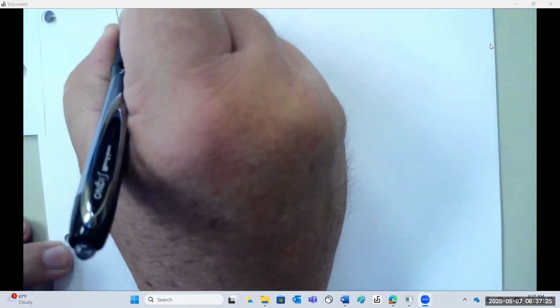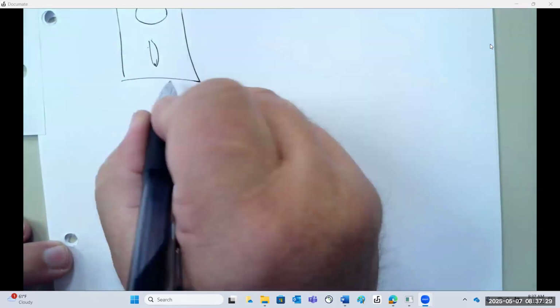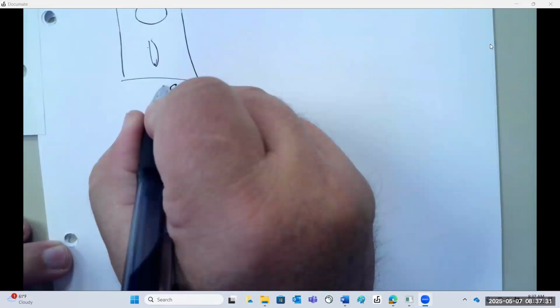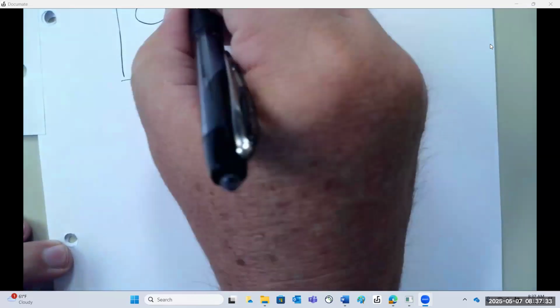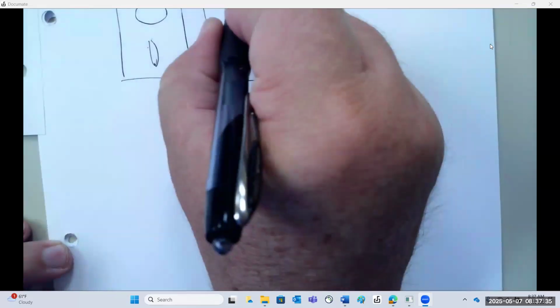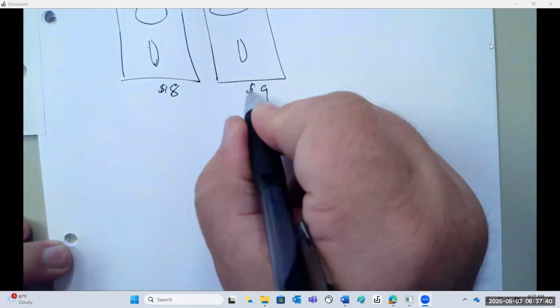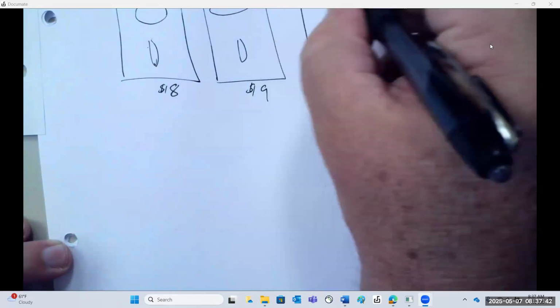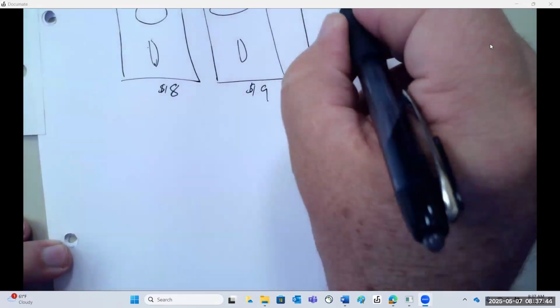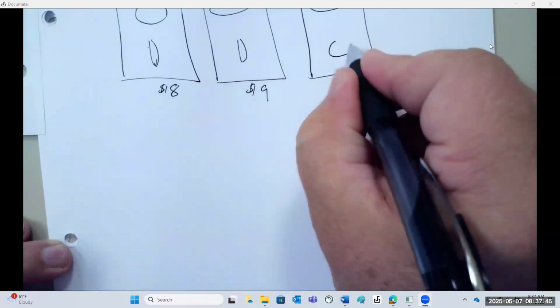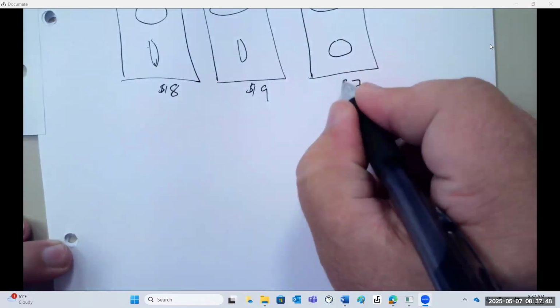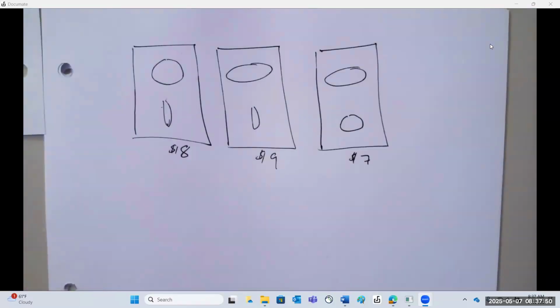So we have a circle and a flower that equals $8. We have a watermelon and a flower that equals $9. And we have a watermelon and a cantaloupe that equals $7. How much do they each cost?